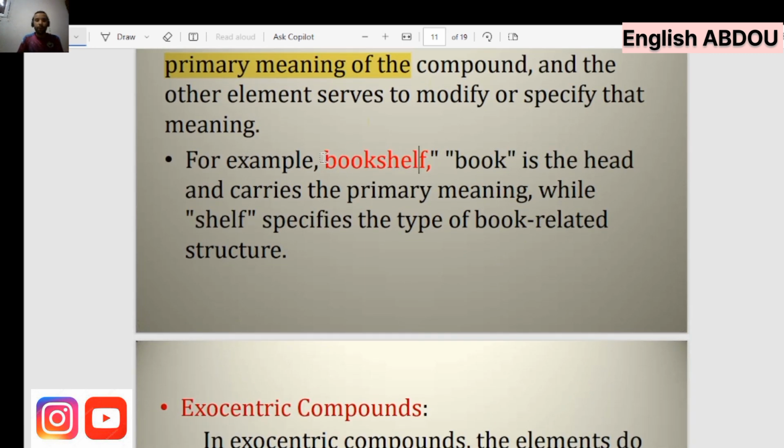We have here bookshelf. So book is the head and carries the primary meaning, while shelf specifies the type of book-related structure. So here we have book, and shelf specifies which book we are talking exactly about.